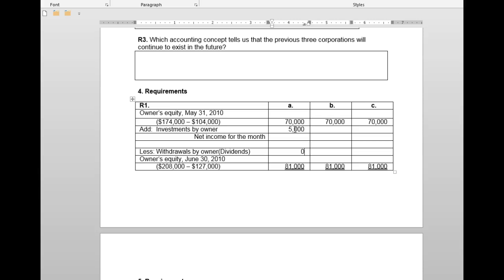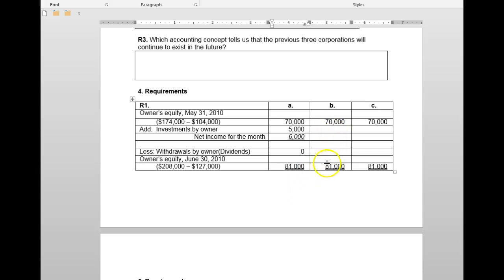That gives me 75. So I must have $6,000 in net income. I've added these 2. I have 75. I need 81,000. The only possibility, since there's no dividends or withdrawals, is that net income was $6,000 for this one.